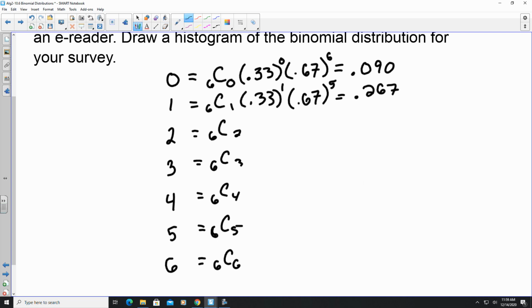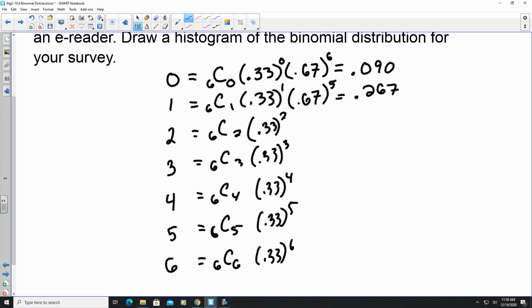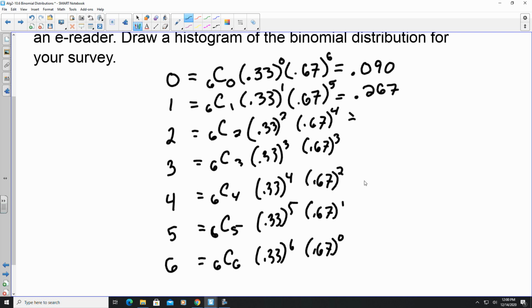Then here, this is going to be 0.33, this one's going to be the second, 0.33 to the third, 0.33 to the fourth, 0.33 to the fifth, 0.33 to the sixth. Looking at failures, this is going to be 0.67 to the fourth, 0.67 to the third, 0.67 to the second, 0.67 to the first, and 0.67 raised to the 0 power. So those are where those formulas come from.